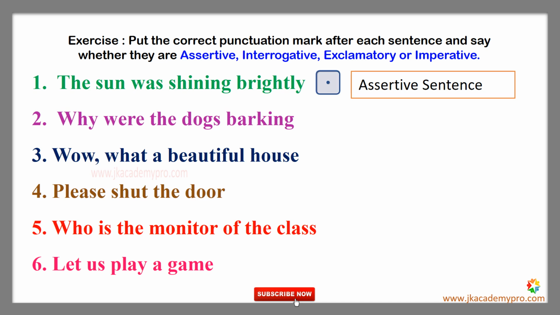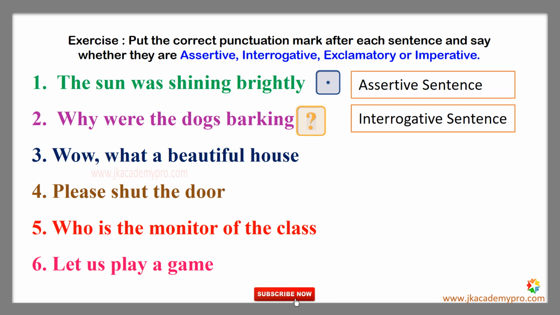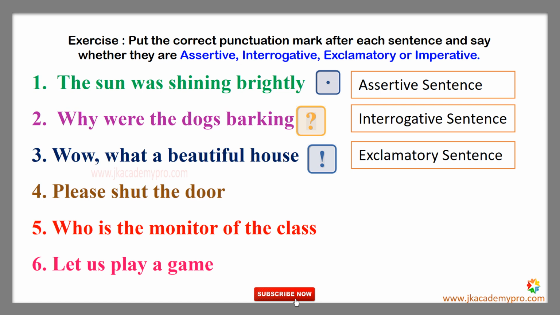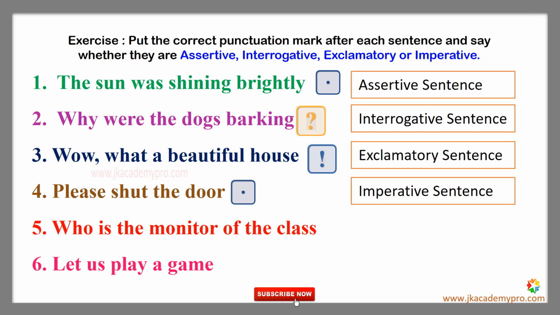This is an interrogative sentence, so we will end it with a question mark. Wow, what a beautiful house! This is an exclamatory sentence, and so we will end it with an exclamation mark. Please shut the door. This is an imperative sentence, and so we will end it with a full stop.